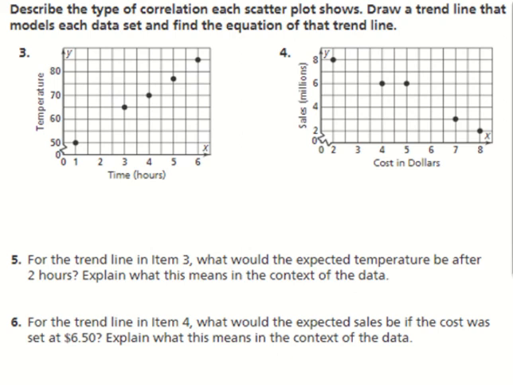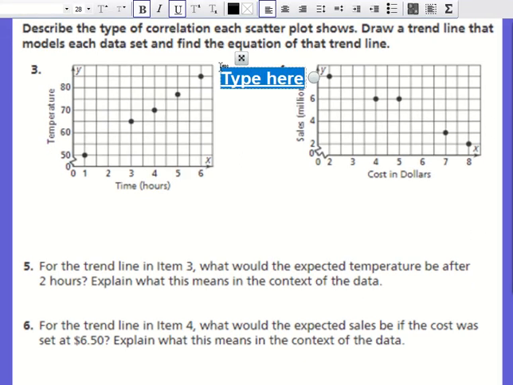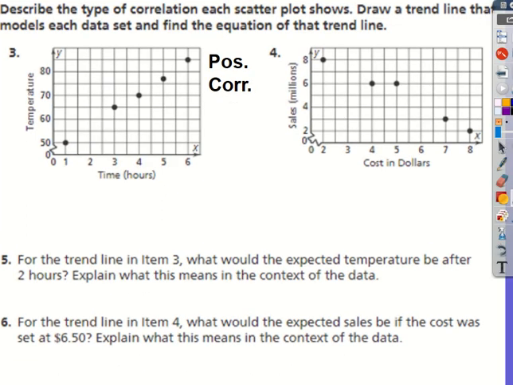If I look at the first one, hopefully we all agree, we would call this a positive correlation. See how it goes up from left to right. Also, the X's and the Y's are getting larger as we go. So now that we've decided it's positive, we need to draw that line of best fit.